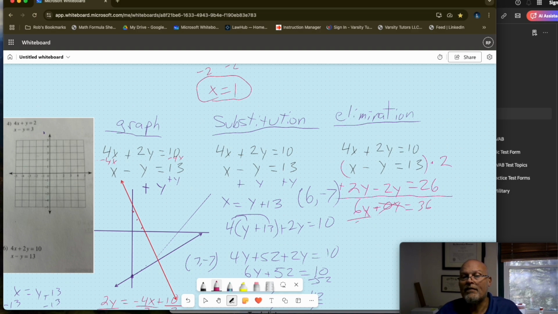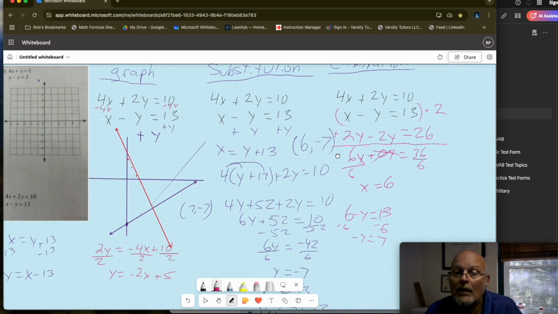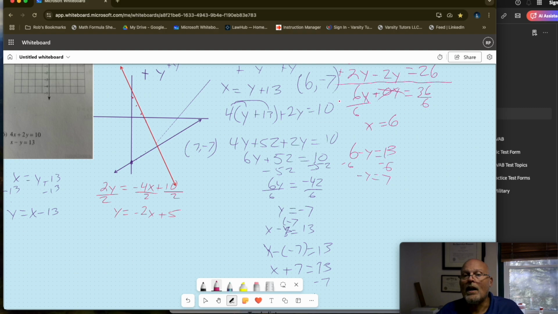And so now if I divide both sides by 6, I get x equals 6. Plug that into here, and I get 6 minus y equals 13. And now I'm going to subtract 6. And I get negative y equals 7, or y equals negative 7.